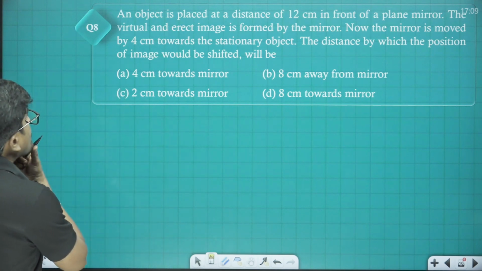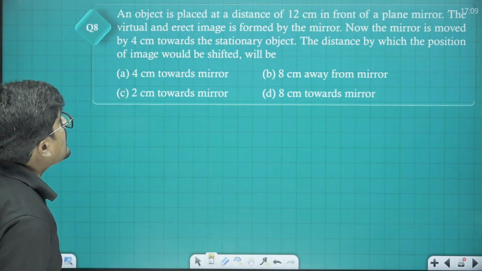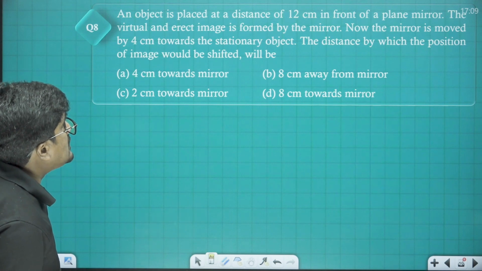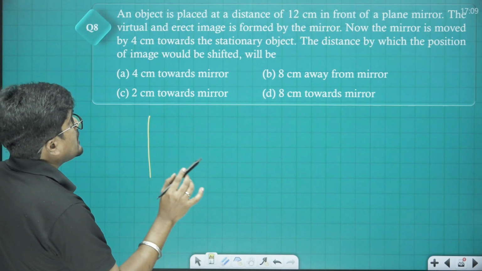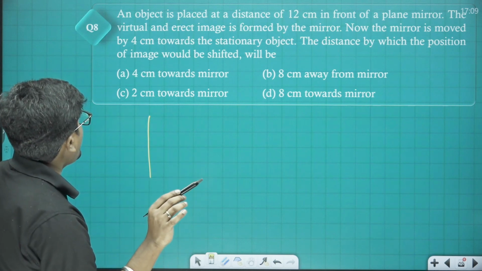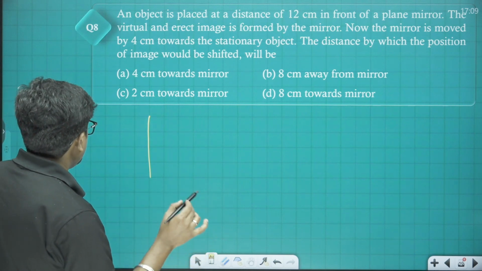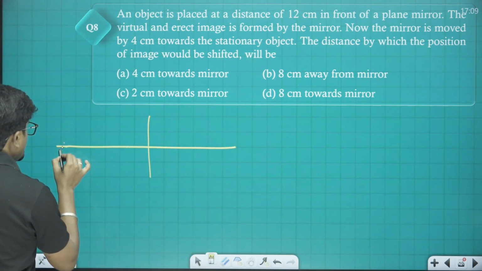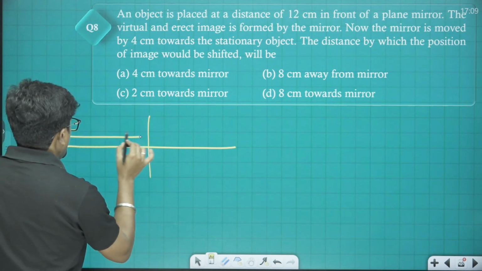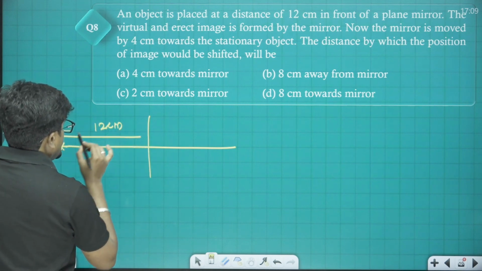Question number 8 says, an object is placed at a distance of 12 centimeter in front of a plane mirror. Then the virtual and erect image is formed by the mirror. So fine, here let this be the object, which is at a distance of 12 centimeter.